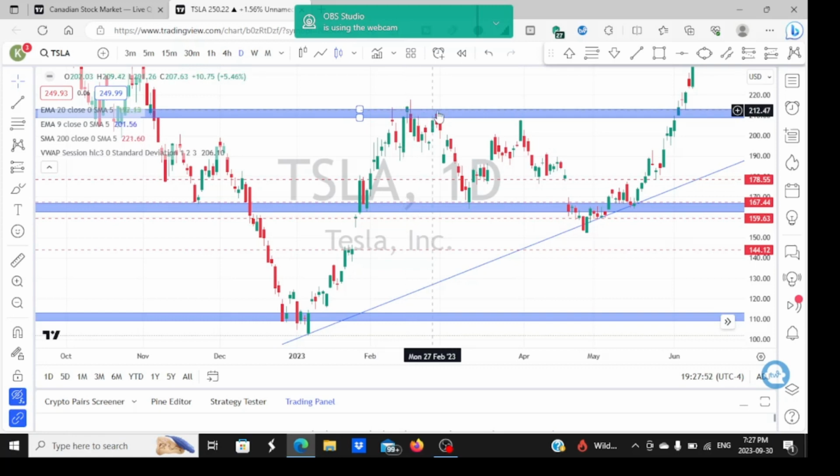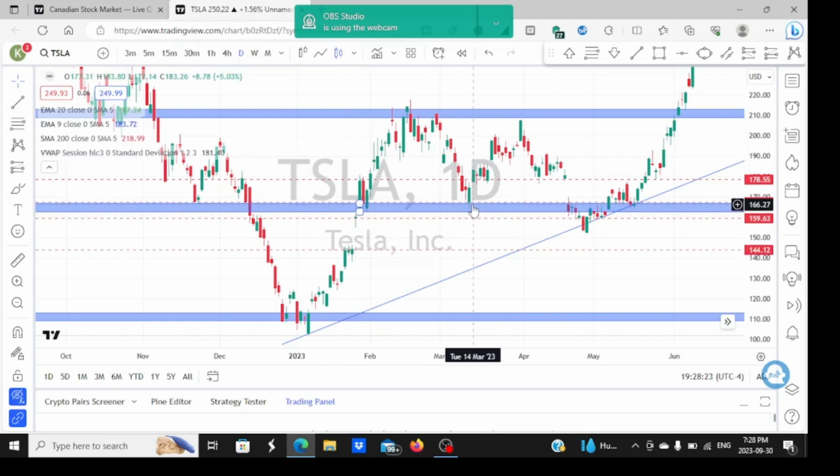It hit this level, came down off of that resistance demand zone, went back to that demand zone, and then it came down strongly. And where did it come back to? It came back right to this gap region. So this is acting as a resistance turn support area now. So that's how we know that this is a strong gap.